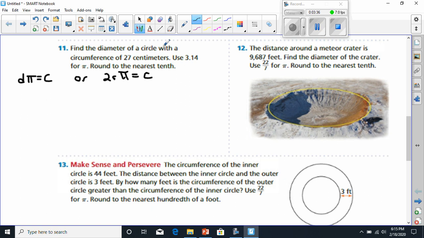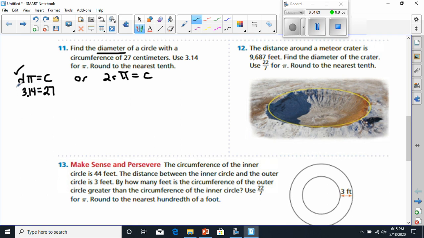So let's see which one we're going to use. It says find the diameter of a circle with a circumference of 27. So we know the circumference is 27, and we use 3.14 for pi. We're finding the diameter here, which means we're going to use this formula. We place C with 27, and the symbol pi with 3.14.